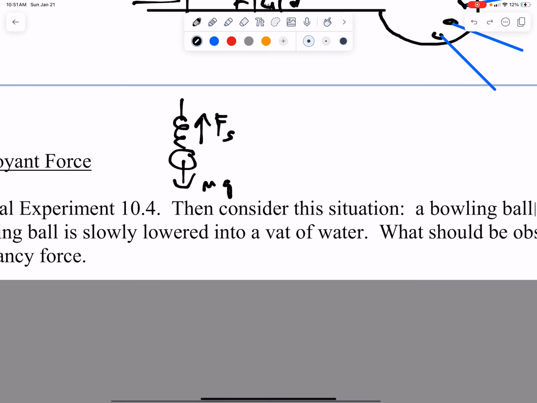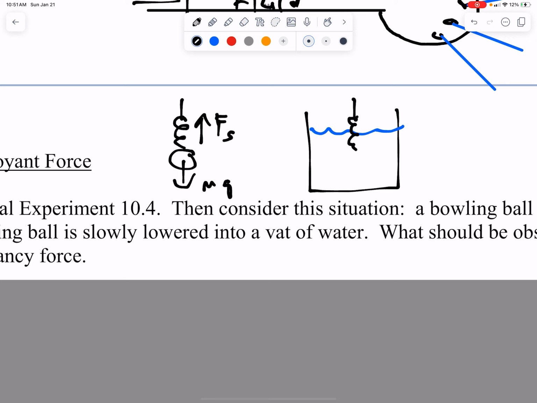But now you take that same object and you put it in a fluid. Now it's still attached to the same spring constant, same mass. But this time, the spring does not stretch as far. So the spring scale reading will be less.